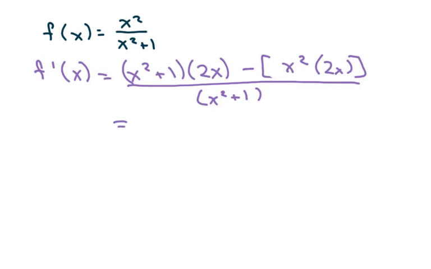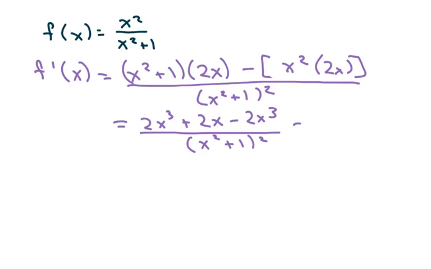So what we're going to get is 2x cubed plus 2x minus 2x cubed over your denominator squared. And that gives you 2x over x squared plus 1 squared.